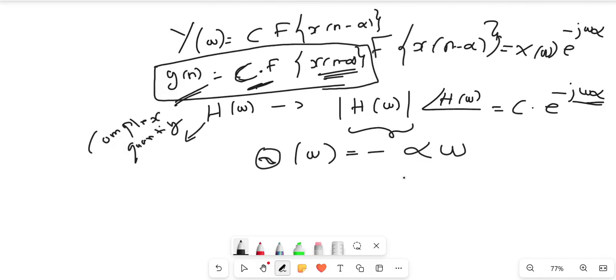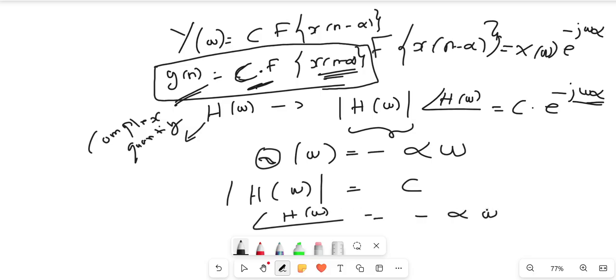What is the magnitude? The magnitude of H of omega is equal to C. And the angle of H of omega is equal to minus alpha omega.